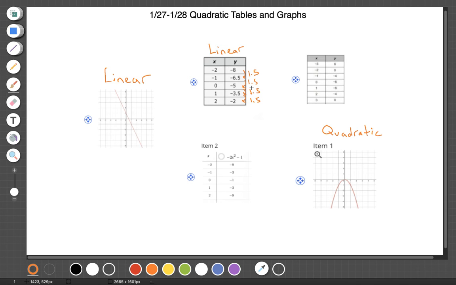So look at this next one to the right. We have 6, 0, -4, -6, -6 again, -4, 0. So what I notice is that this is going up, right? Actually, sorry, my bad. It's going down until you get about here. Then it stays the same, but then it goes up.